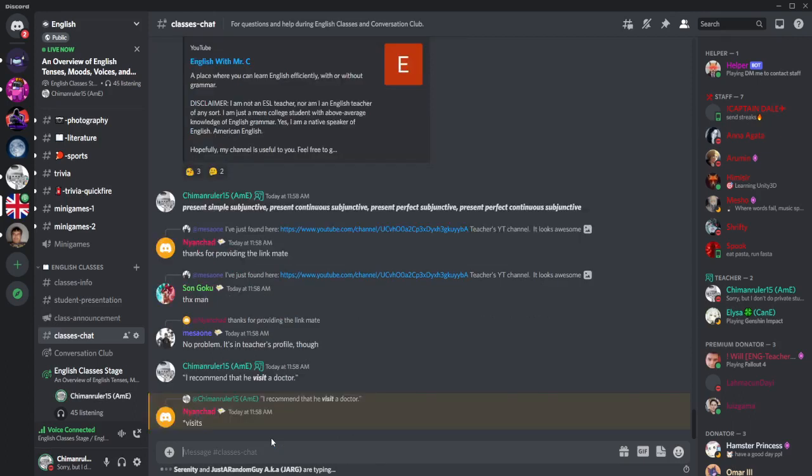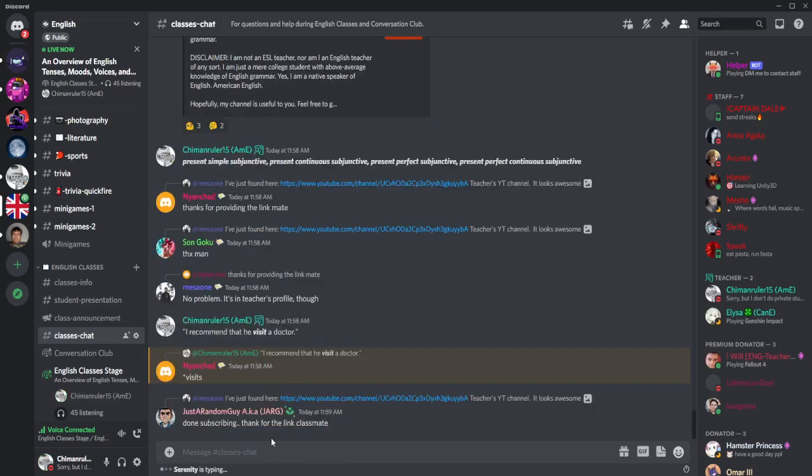Here we're using the present simple subjunctive. No, for the subjunctive you use the base form. So visit is technically correct.